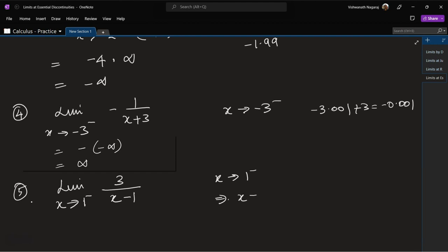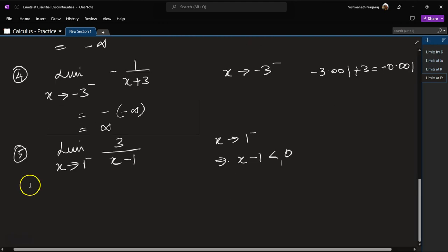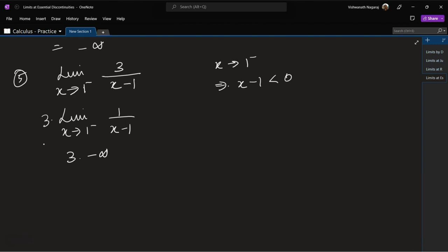So that means x minus 1 is going to be less than 0, a very small quantity. So this can be written as 3 times the limit as x approaches 1 from the negative side of 1 by x minus 1. 3 times minus infinity, which is equal to minus infinity.